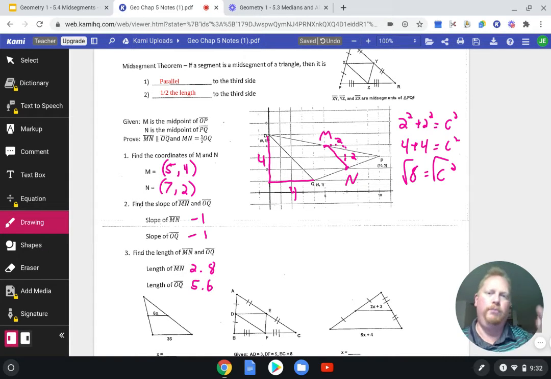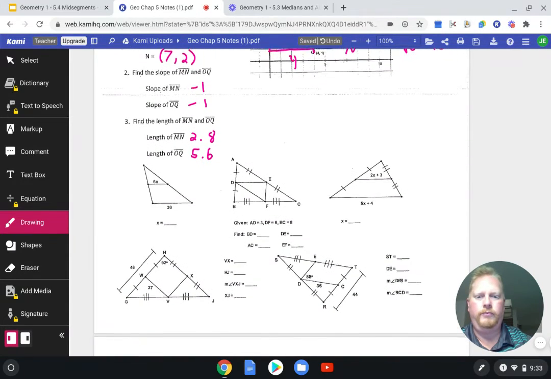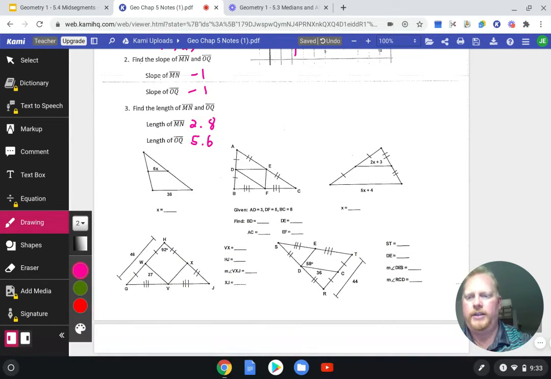So there we have proof of the two things in the midsegment theorem, that MN and OQ are parallel, and that MN is exactly half the length of OQ. All right, so now that we've proven it, let's move on to the stuff that you're really going to have to do. Let's take a look at these diagrams here.